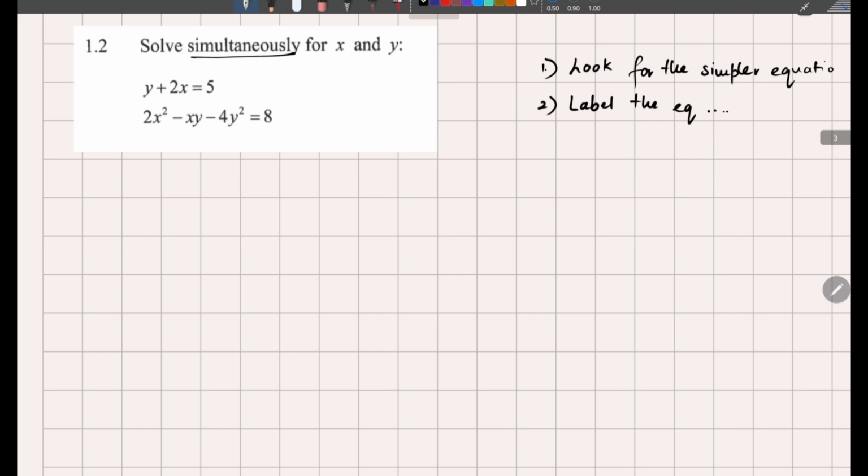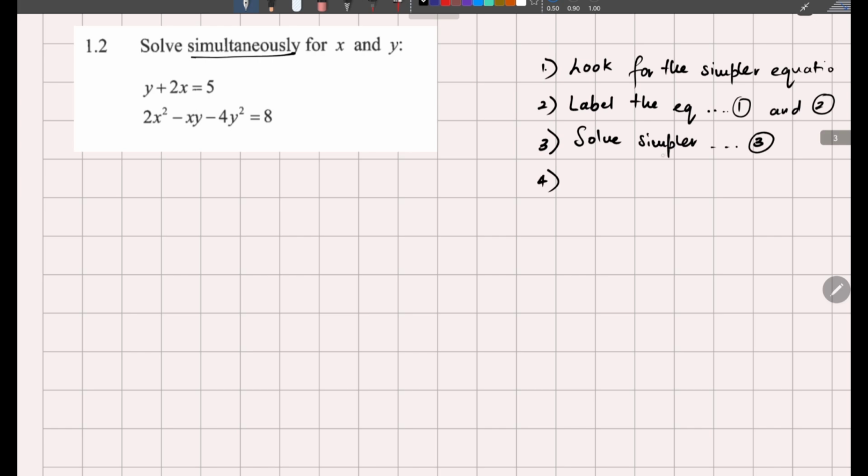So obviously that means equation 1 and equation 2. I thereafter would solve the simpler one and make that equation 3.